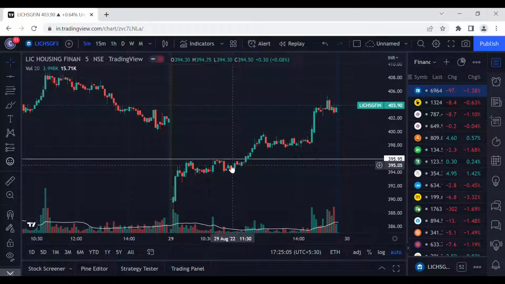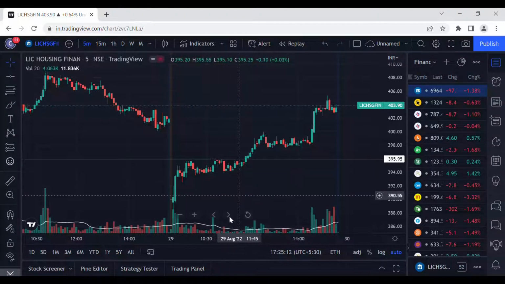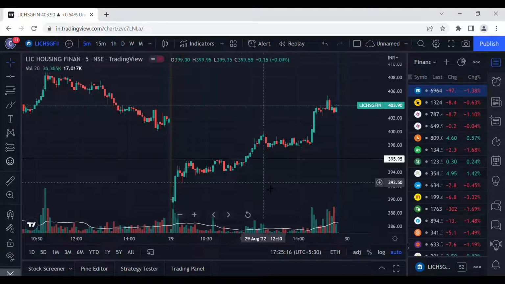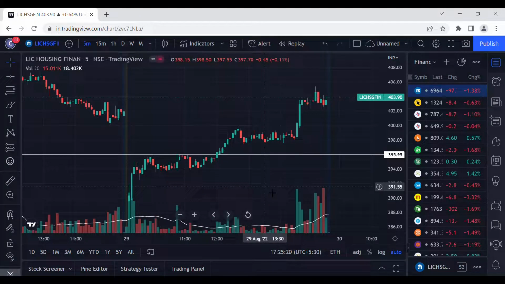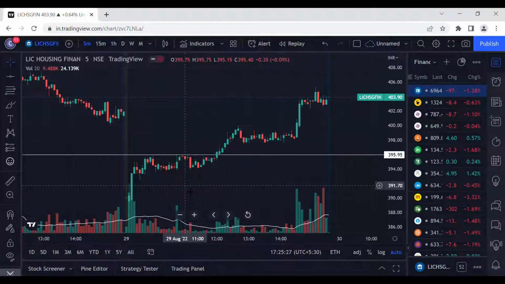Two swings are formed, along with huge volumes. Here it rejected, here also it got rejected with a good amount of volumes. So based on this, I went on to take entry, and my entry price was at 395, and it got executed around 11:20.